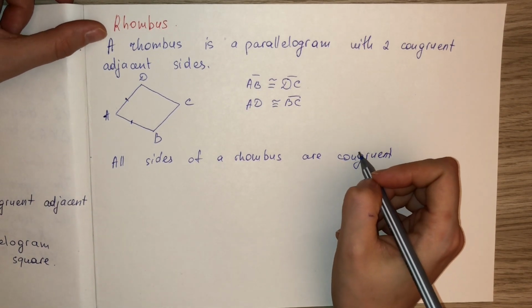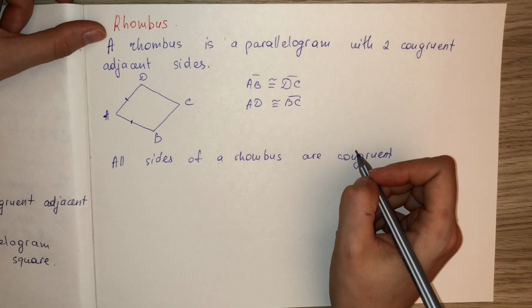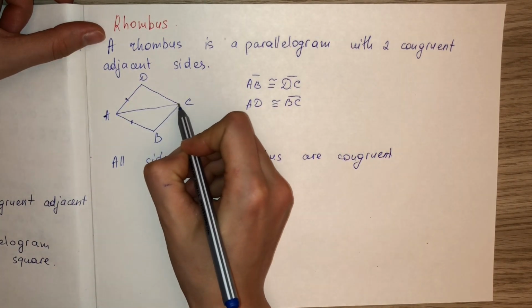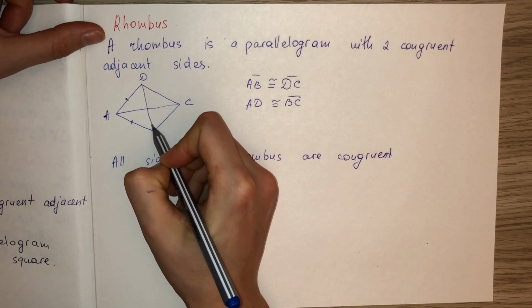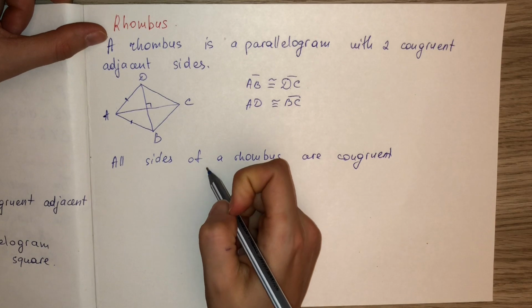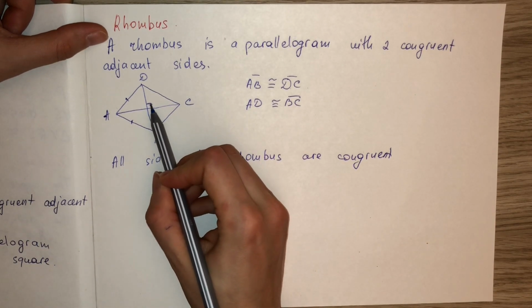And the diagonals of a rhombus are perpendicular. Okay, the diagonals are perpendicular. It means that here we have a right angle.